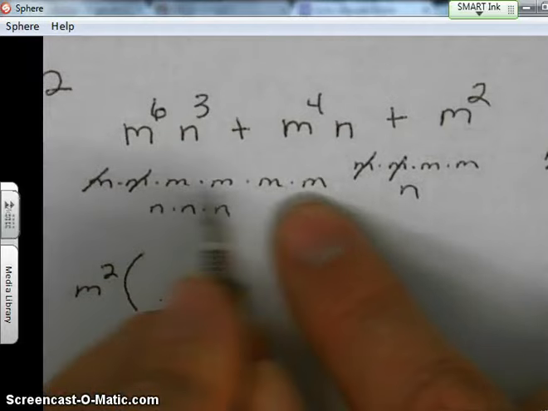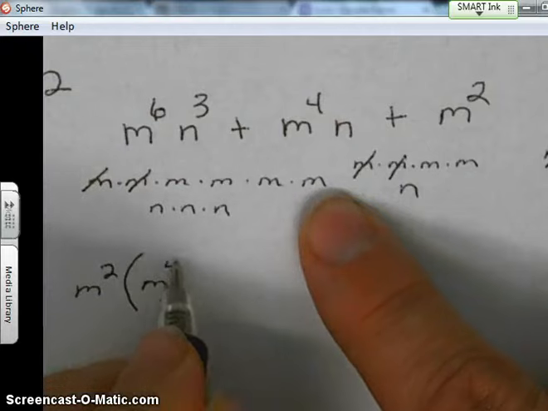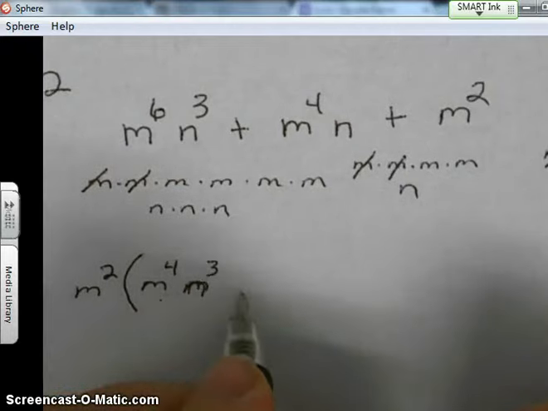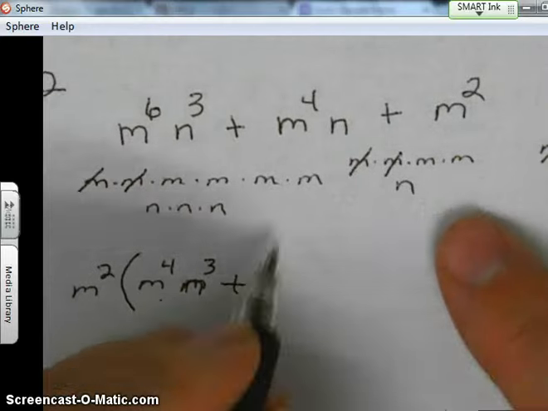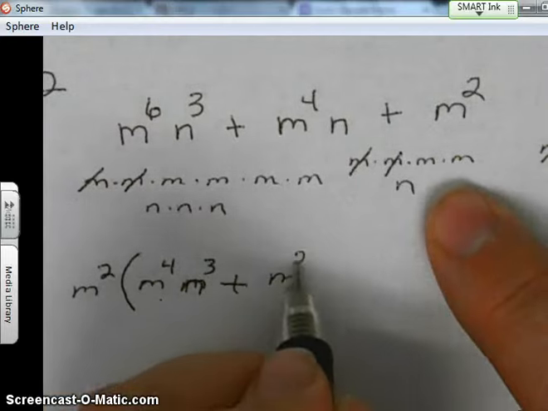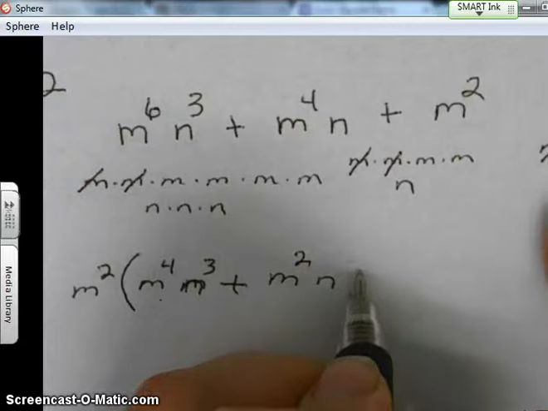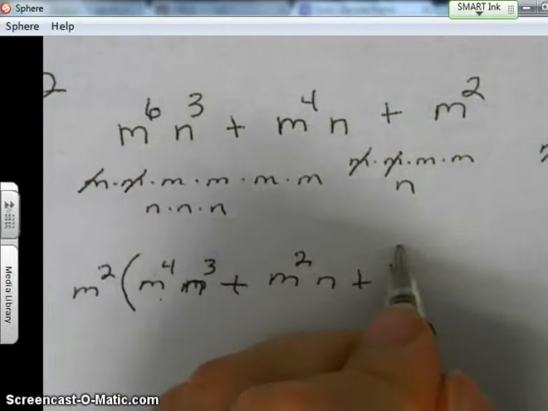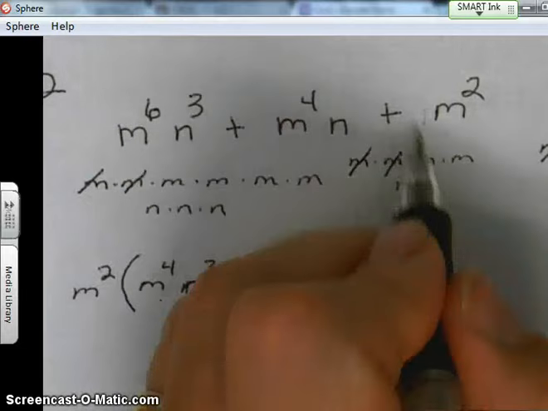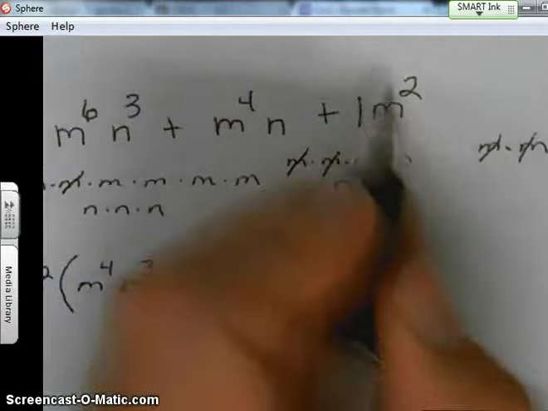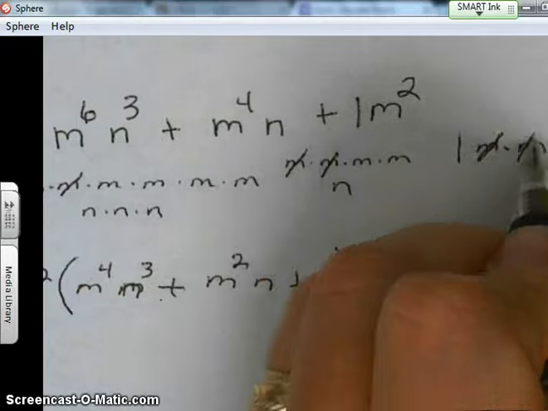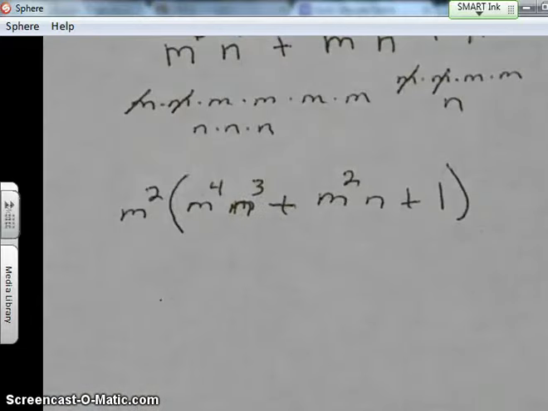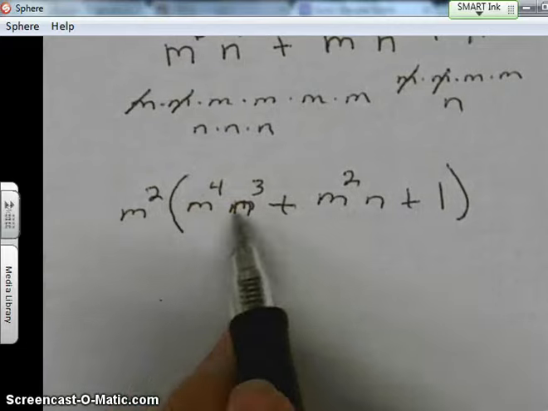We have m to the 4th, n cubed, plus we have an m squared and an n. And then here, since we got rid of those, we're going to put a 1 because it's 1 m squared. So when these go away, the 1 shows up and takes its spot. And there you go. So m squared gets factored out.